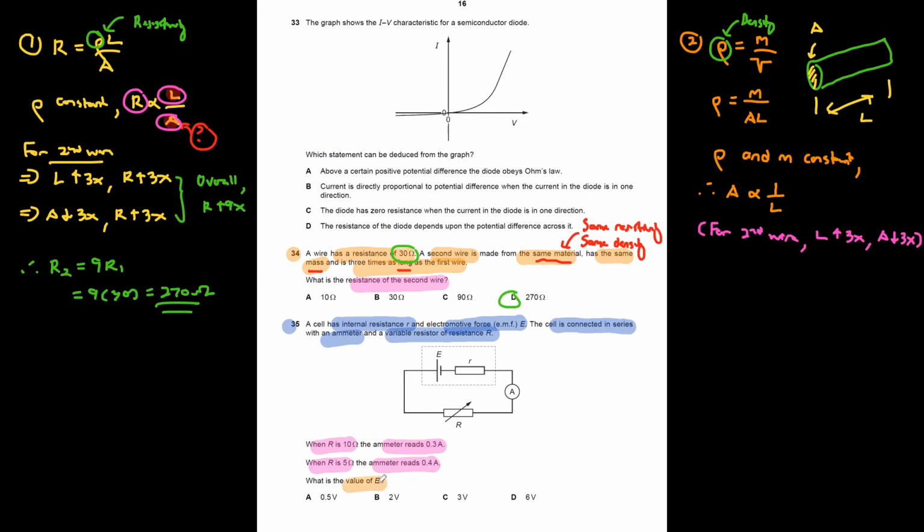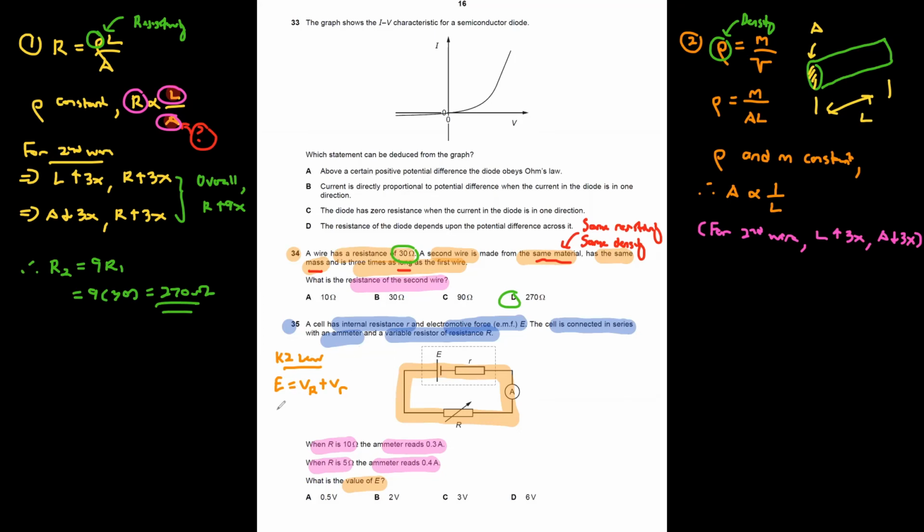Okay, so to do this particular question, let's just apply Kirchhoff's second law in the first place. So if you apply Kirchhoff's second law for this loop here, K2 law will tell you that your E is equal to the PD across your variable resistor plus the PD across your internal resistance.